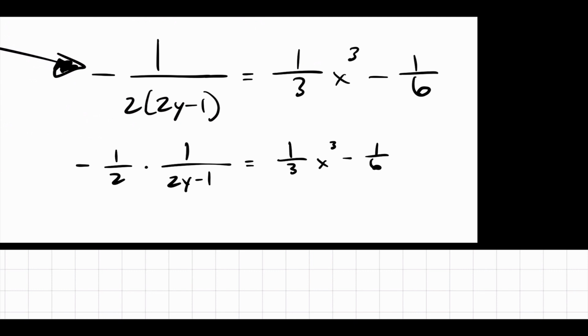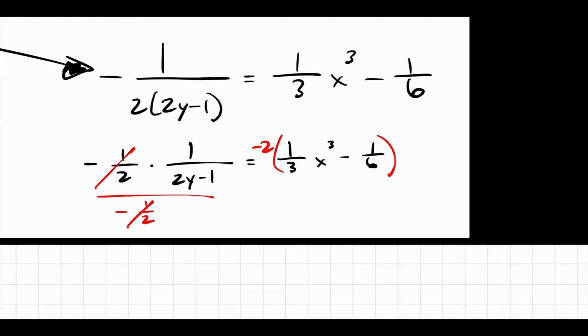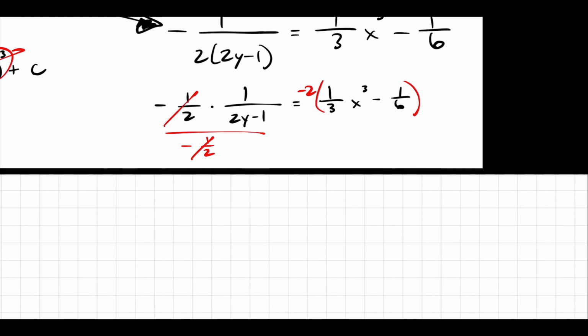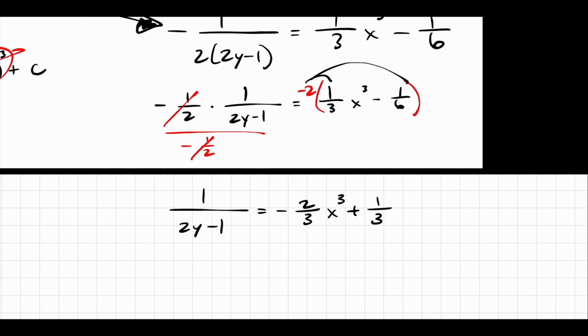Divide both sides by negative 1/2, which is the same thing as multiplying by negative 2. So if I multiply by negative 2, I get negative 2/3 x cubed, or sorry, plus 1/3.